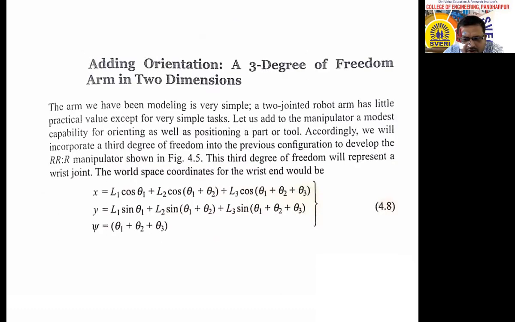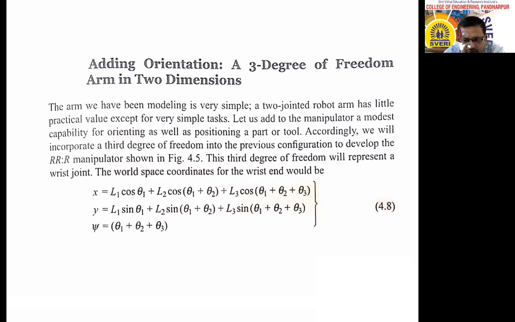Now we will see a 3 degrees of freedom arm in 2 dimensions. The arm we have been modeling is very simple. A 2-jointed robot arm has little practical value except for very simple tasks.